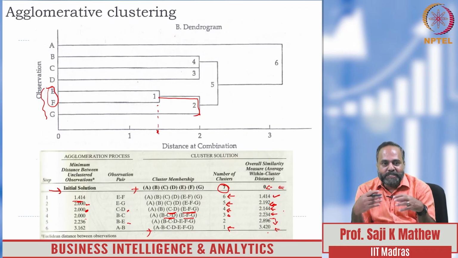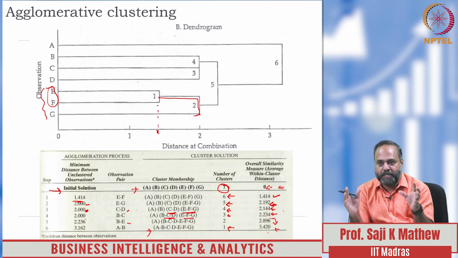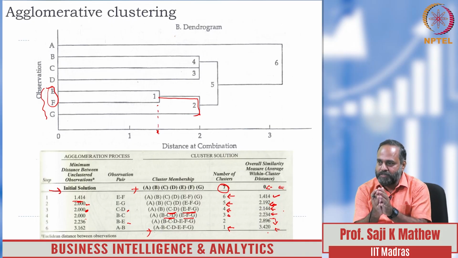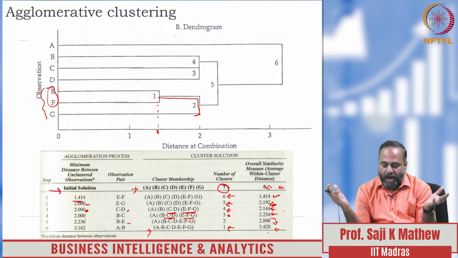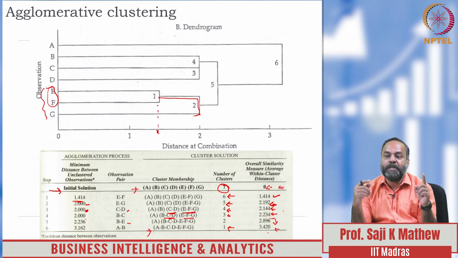If you talk to a subject matter expert, they would say 4, 5, 6, 7. So, you are okay to work with a reasonable number of groups rather than an unreasonable number of groups. That is one. So, there is a practical consideration in deciding the number of clusters depending on the problem.